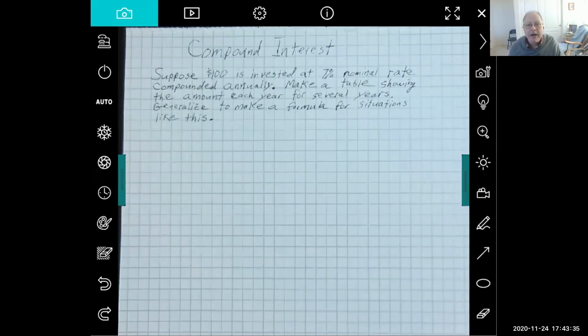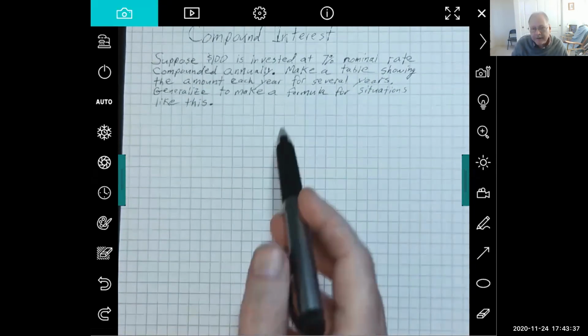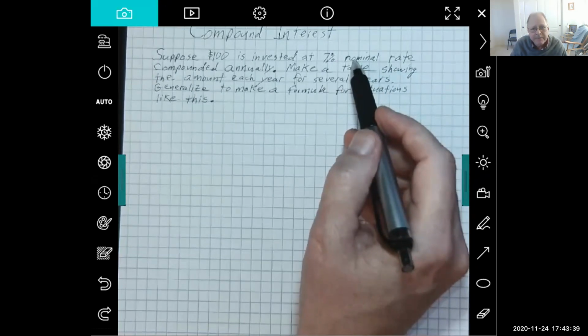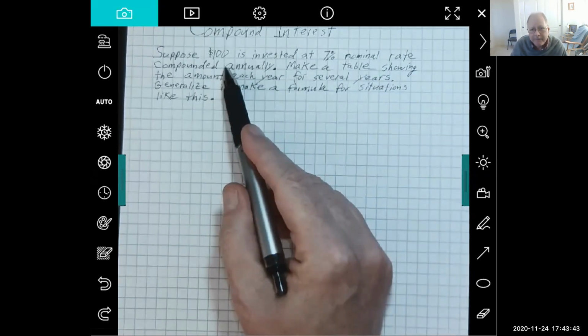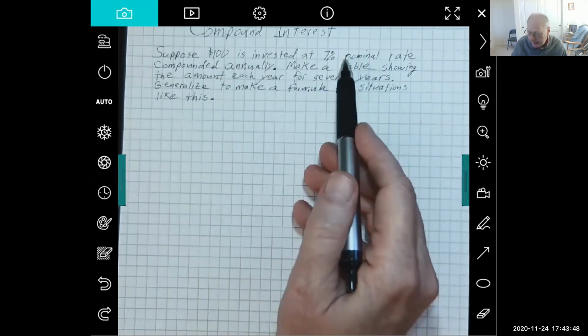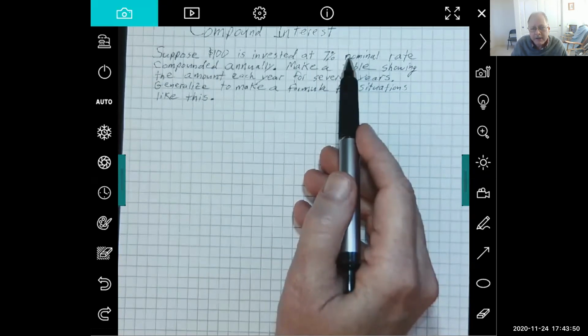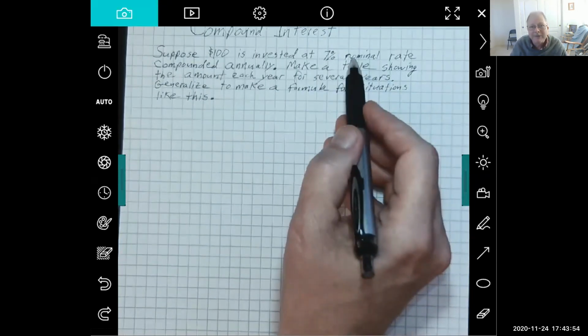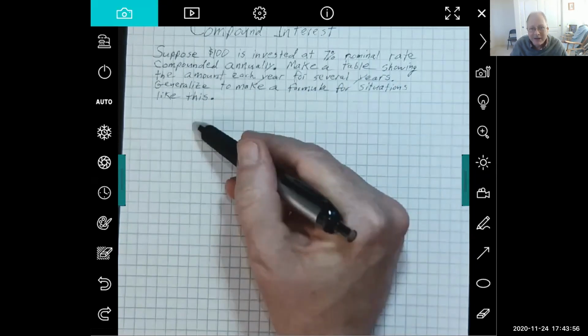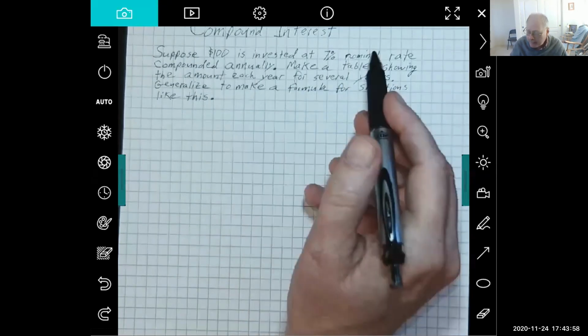So suppose $100 is invested at 7% nominal rate, compounded annually. So there's jargon in there. There's this phrase, nominal rate, and I'll show you what that means through the calculations that I do.